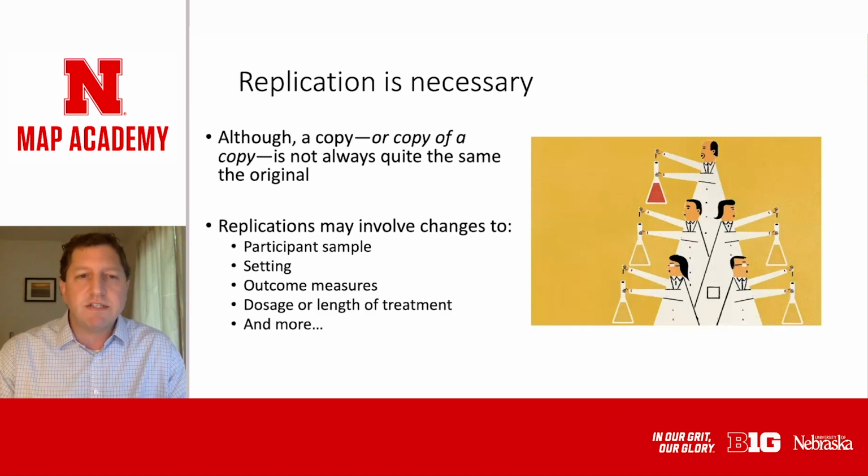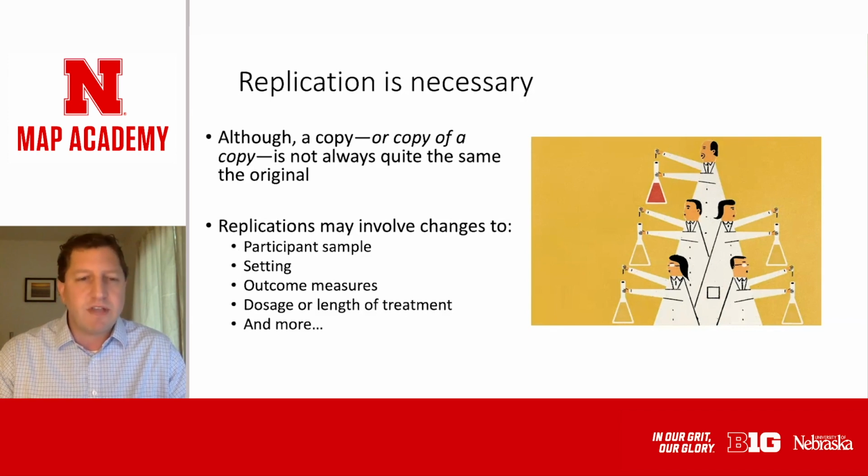So replication is necessary. However, there are some issues around replication. A copy of a copy isn't quite the same as the original. I don't know if you've had old cassette tapes where you had a blank that you copied something onto, and tried to copy that onto something else. It was never quite the same. Replications in research often involve changes.